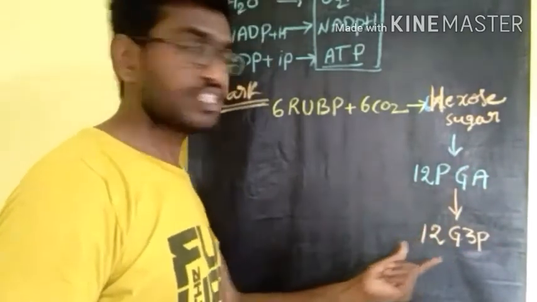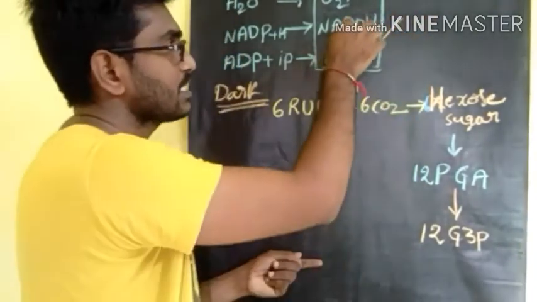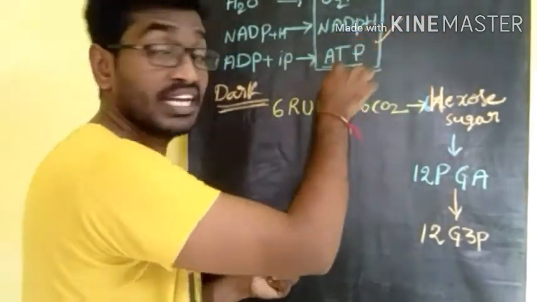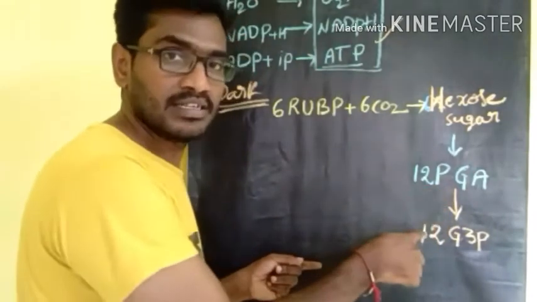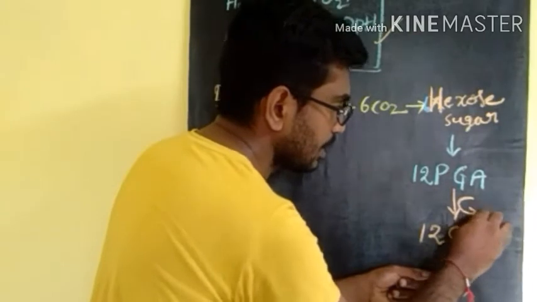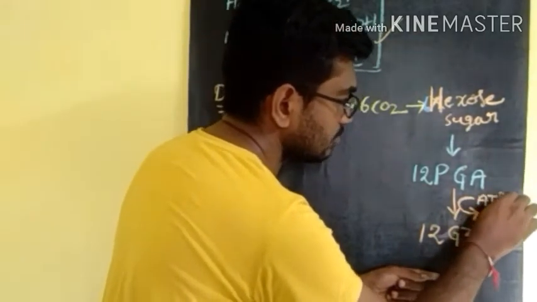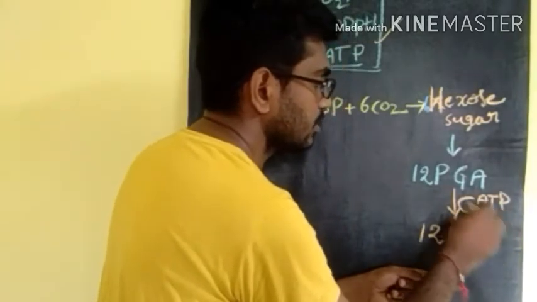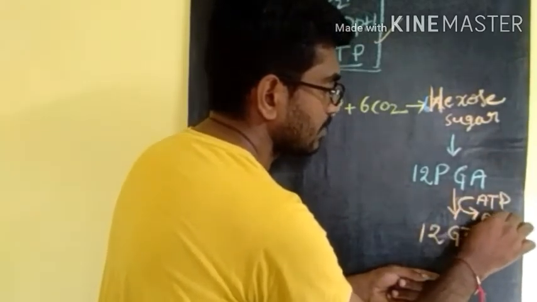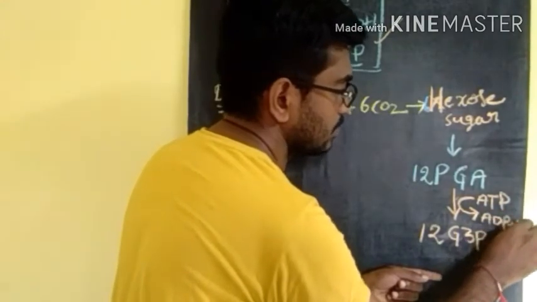In this reaction, the energy produced during the light reactions, that means ATP and NADPH, is utilized. ATP is utilized, its energy is used, and ATP converts to ADP and inorganic phosphate.